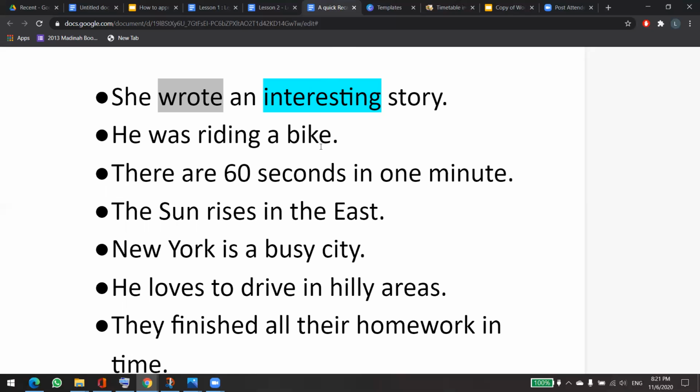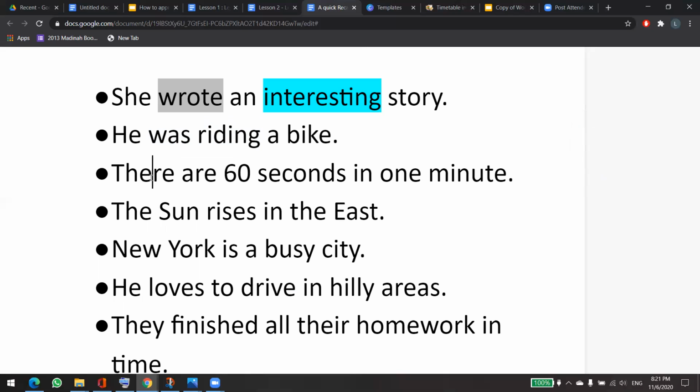He was riding a bike. He, again, pronoun, ism. Was riding means the action was happening in the past. So action happening in the past, it's a fail. Bike, again, ism, name of an object.